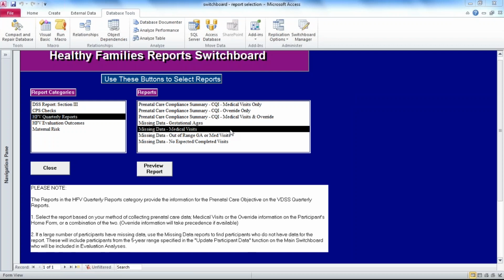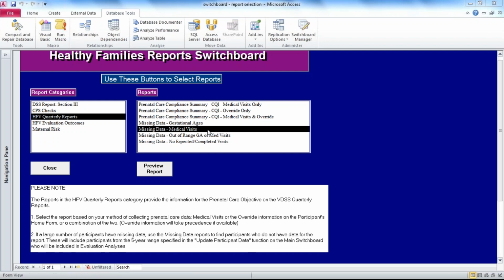Okay. The other way of collecting that information is that on the home form, next to the prenatal care calculations for medical visits, there are two override fields, one for expected and one for completed visits.